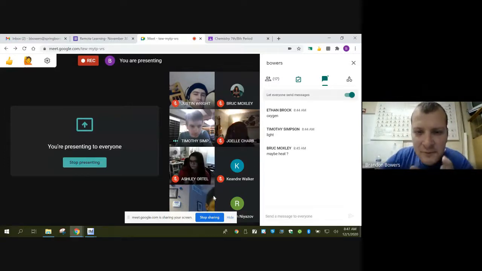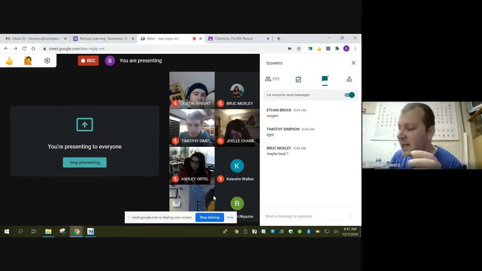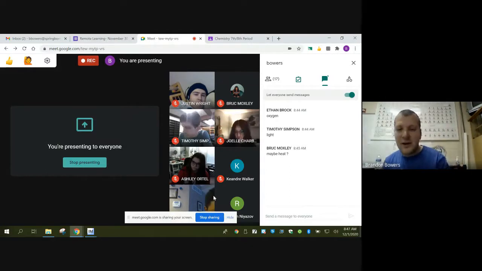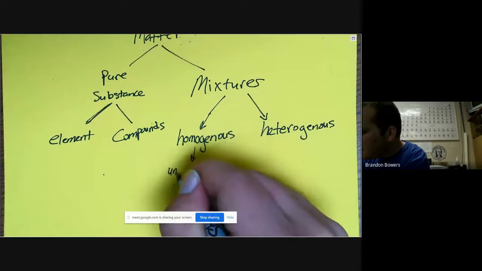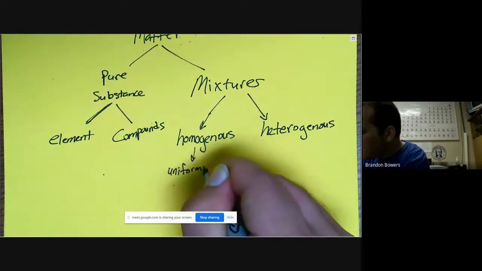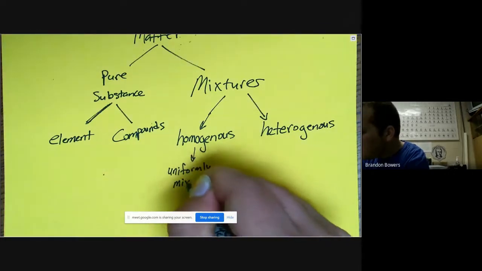It looks uniform throughout. It's not water. You're not tasting the beans, right? It's kind of uniform. And that's what this is. Homogeneous is uniformly mixed.